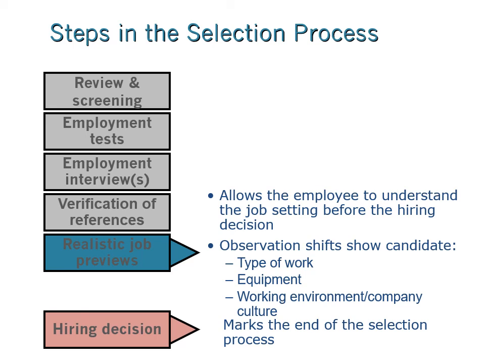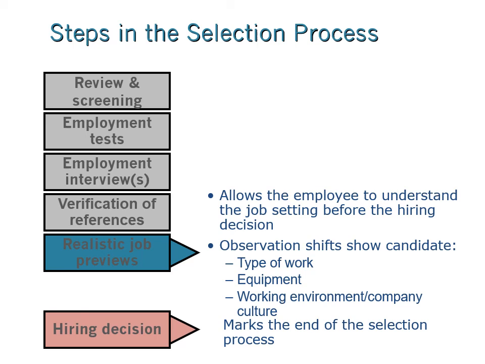They're really showcasing their skills on the job. We do have to pay them because that's ethical and legally responsible. Then we can make a hiring decision based on the interview and the observation shift.